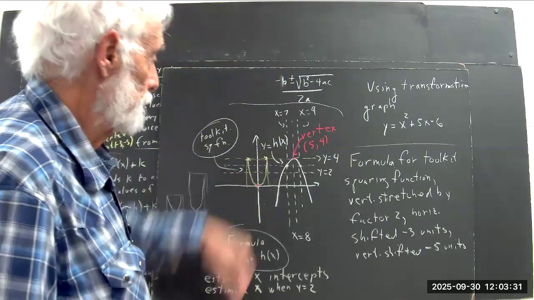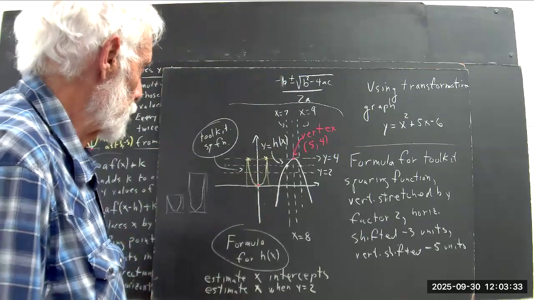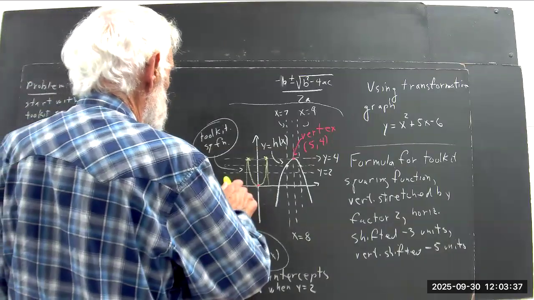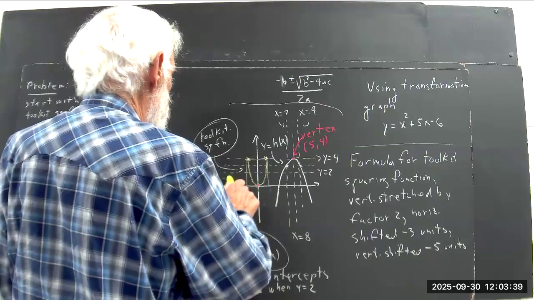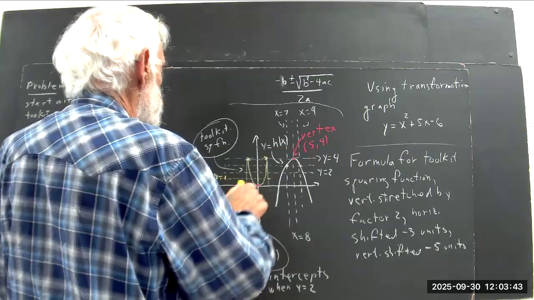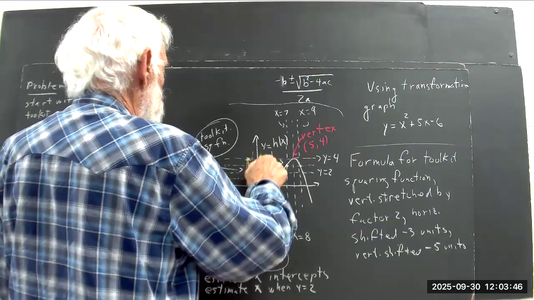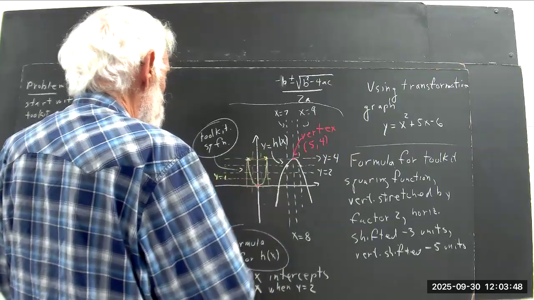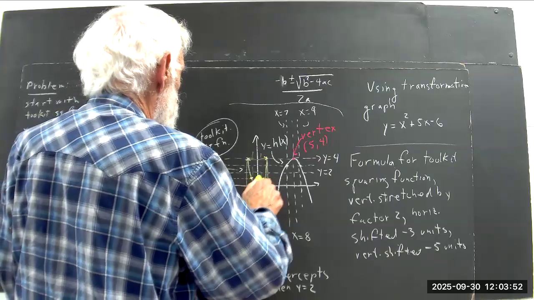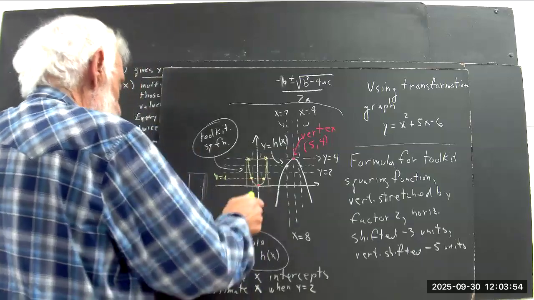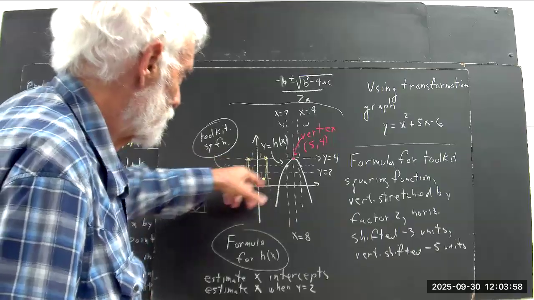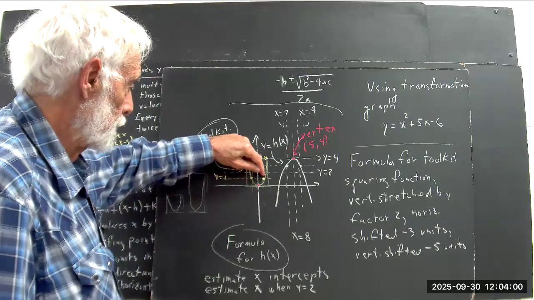Now for this function, first of all, with the toolkit squaring function, if I drew the line y = 1, and the line x = -1, and the line x = 1, we would see that this graph goes through the points -1, 1, and 1, 1. The graph got a little too fat on that side, so we kind of missed the point.